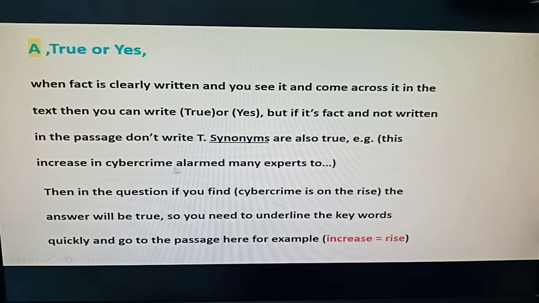So here they are the same, so the answer will be true. So you need to understand the keywords quickly and go to the passage. Here, for example, increase equals rise. So it means the same, they just use the synonym, the same information. Cybercrime is on the rise, and here you found increase in cybercrime. So the same information. In this case, the answer is true or yes.